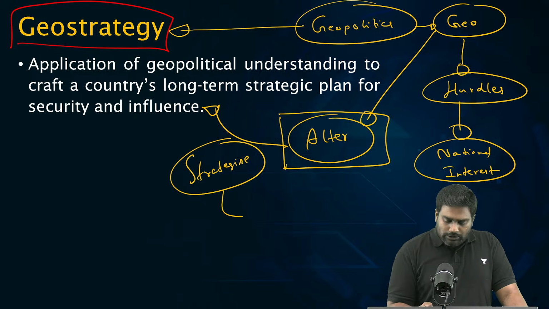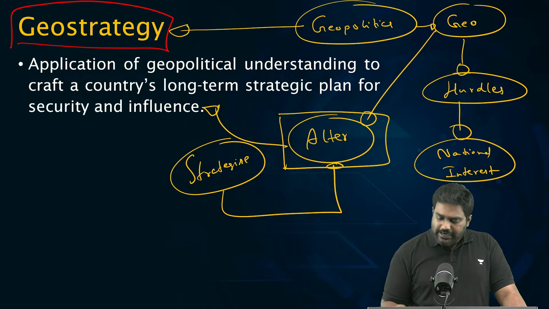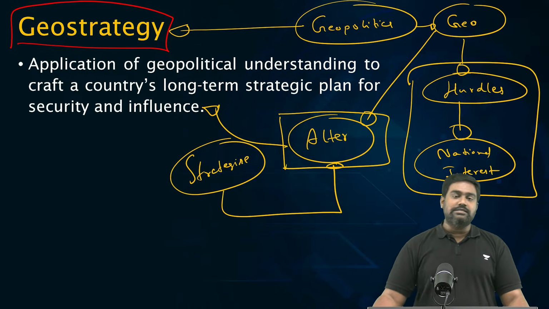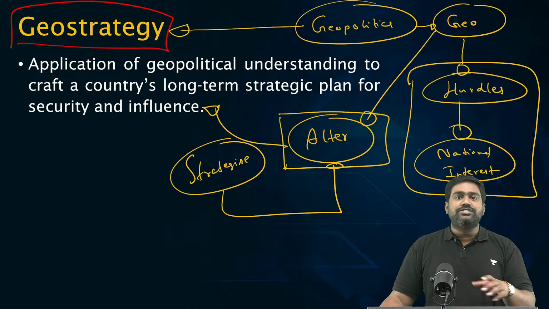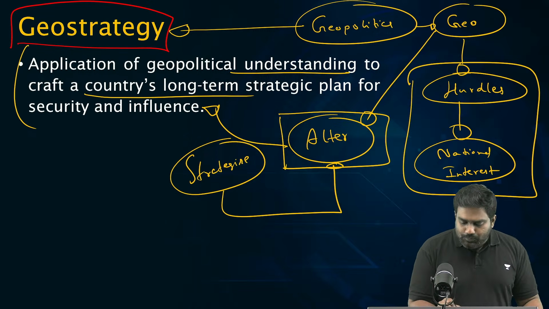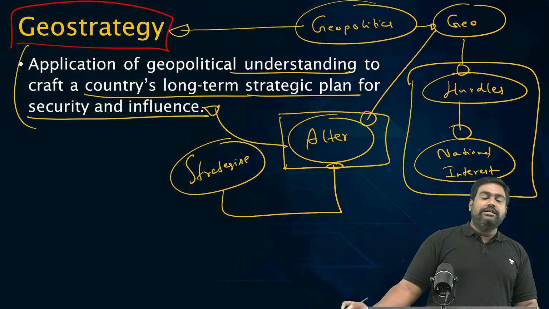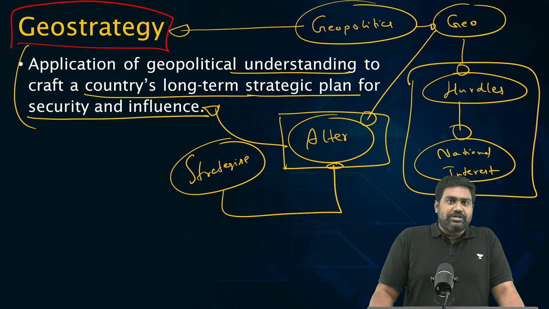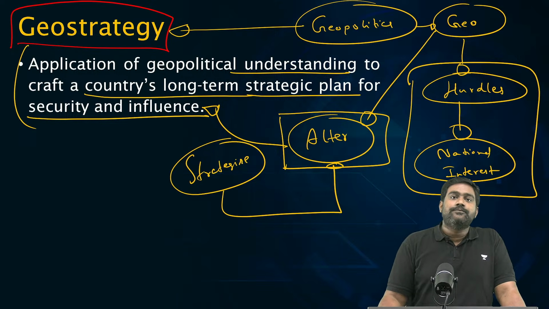You can try to alter the geography to suit your interest, to overcome the geographical hurdles. This strategy is geostrategy, where a country tries to protect its long-term strategic influence. Could be security influence, economic influence.